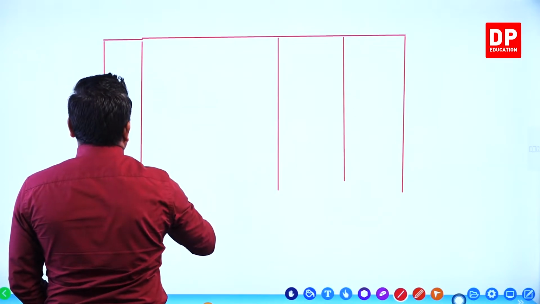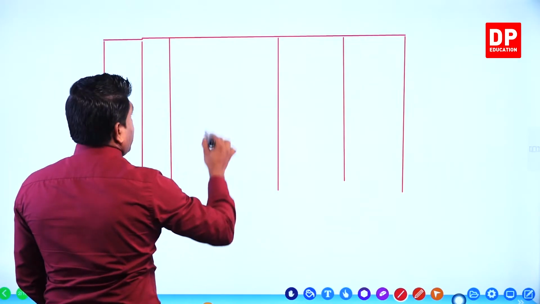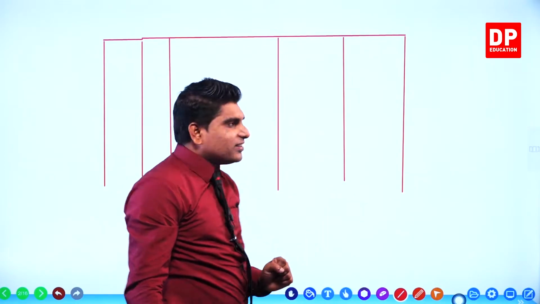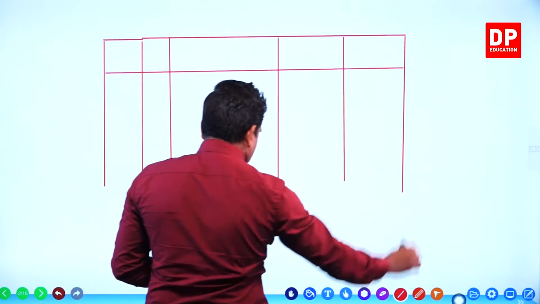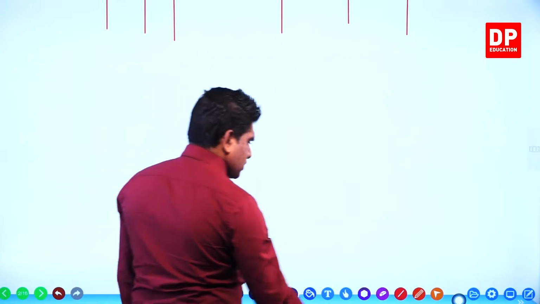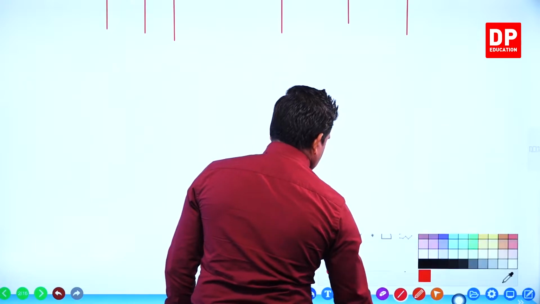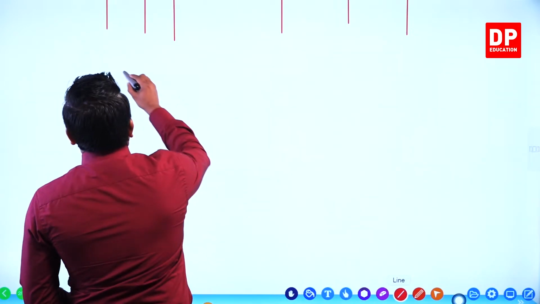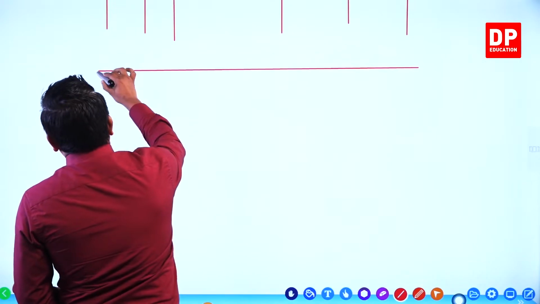Date, journal voucher, description, debit, credit. There's another column but no need. It's not compulsory, right? Then the general journal. Then I draw T accounts also. Why T accounts? T accounts mean ledger accounts, right? Mostly we use T, but I draw here the full format of the ledger accounts.